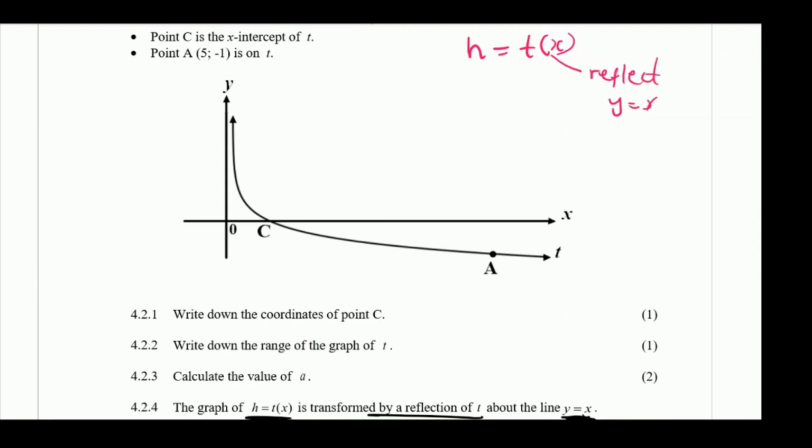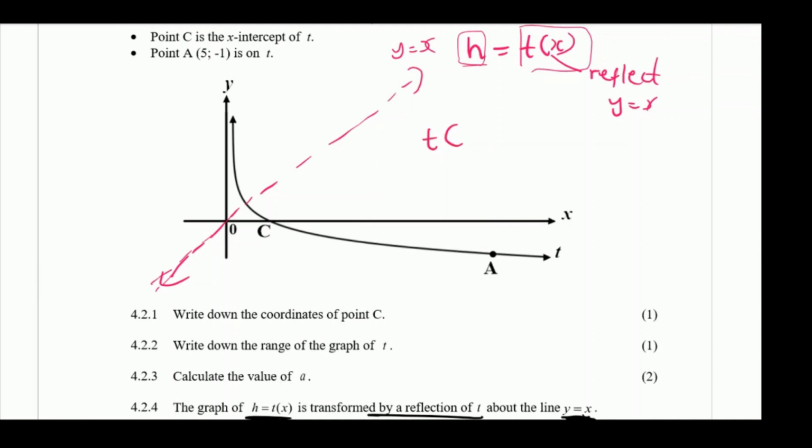So the line y is equal to x is this one. This is the line where the y value is equal to the x value. Now we want to find an equation of h. So it is going to be the inverse of t, because a graph that is reflected about this line y is equal to x is an inverse, right?